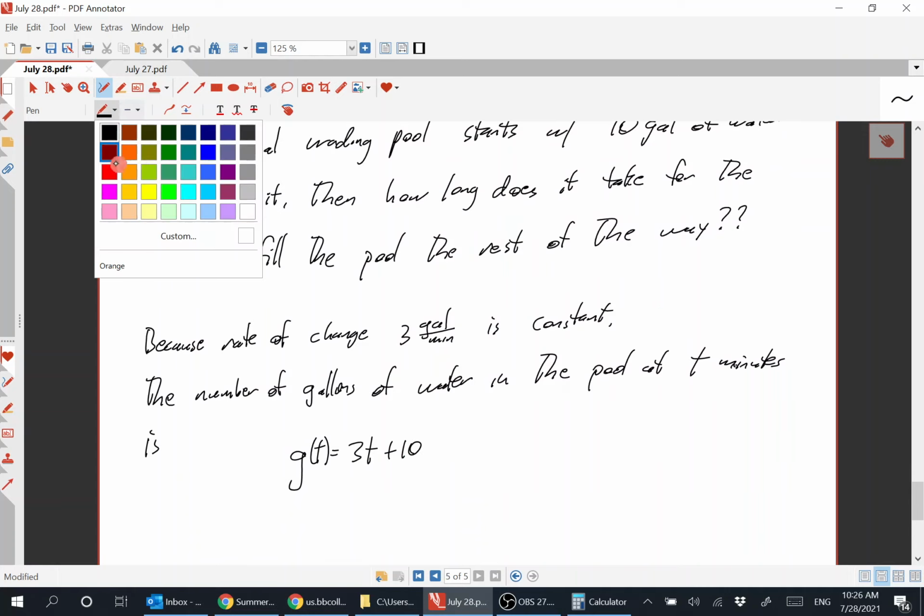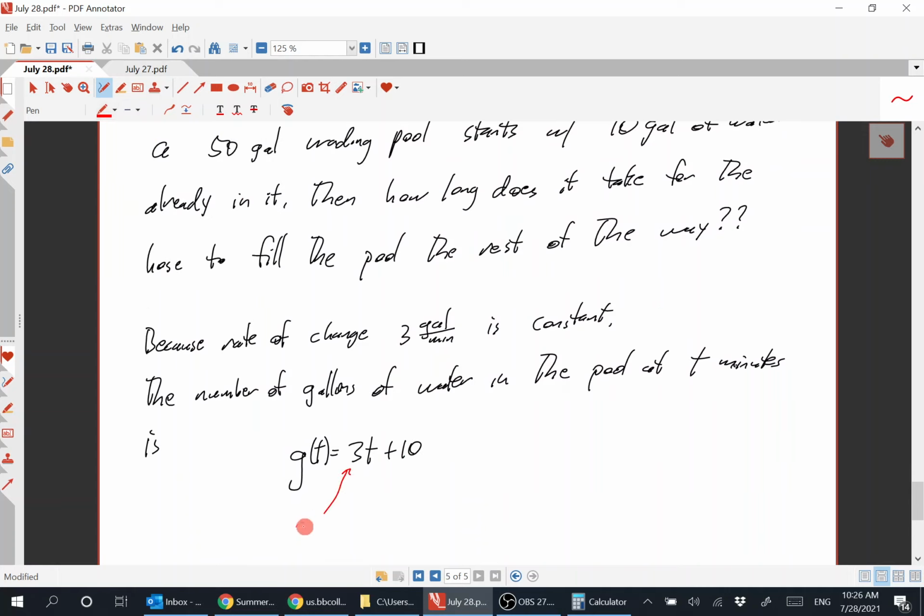All right, so constant rate of change, and initial amount.